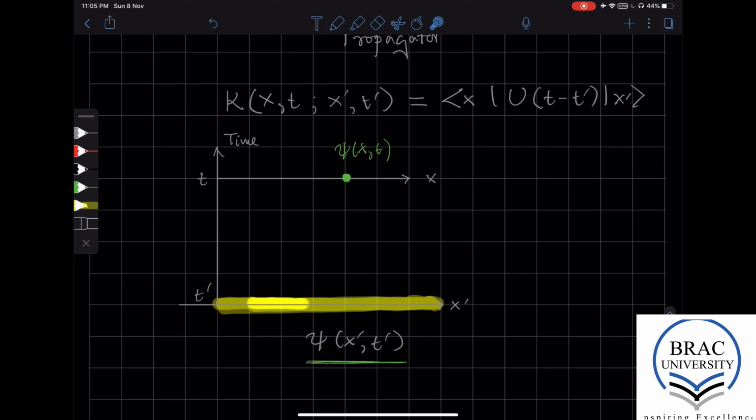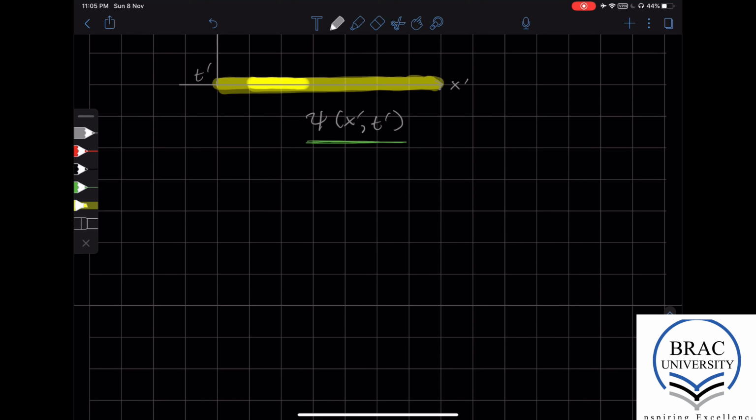To make this a little bit clearer, what we can do is take as our initial wave function psi of x prime, t prime to be a delta function.